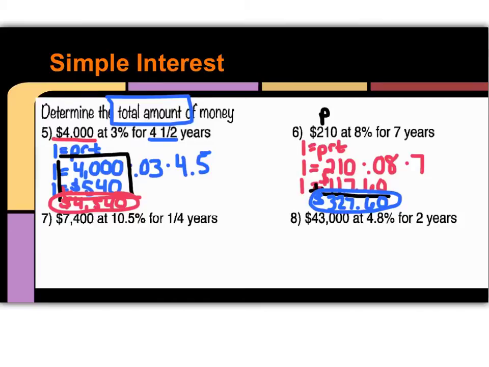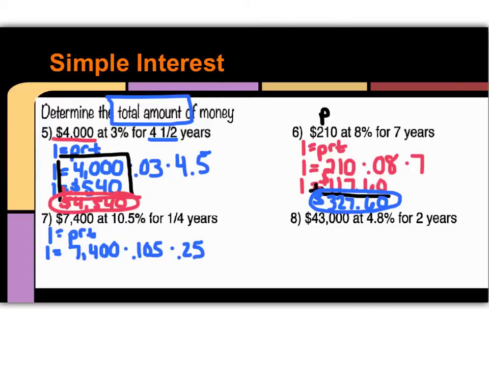Number 7 is going to be I equals PRT. 7,400 is the principal, times the 10.5% rate, which is 0.105, times 1/4 years. 1/4 is the same as 0.25.